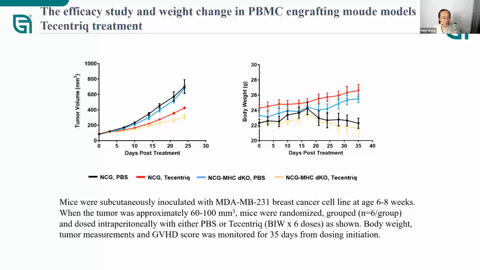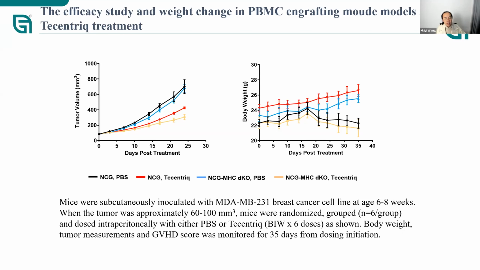Also, we conducted an efficacy study. We used Tecentriq as the test article, and the mice were inoculated with the MDA-MB-231 breast cancer cell line at the age of around 6 to 8 weeks. As we can see, treatment with Tecentriq can inhibit the breast tumor cell growth in both PBMC NCG and PBMC NCG MHC-DQ mouse models.